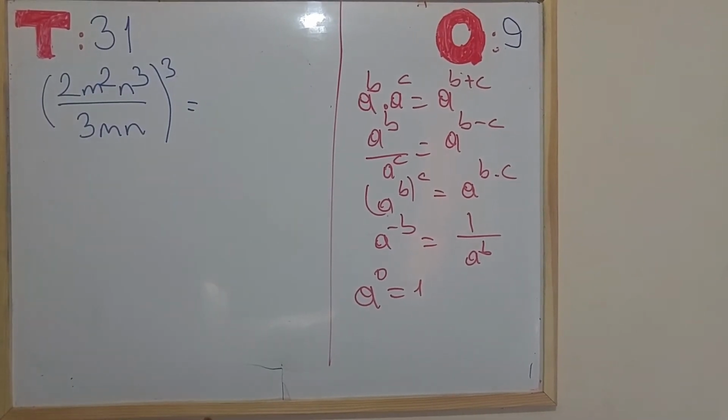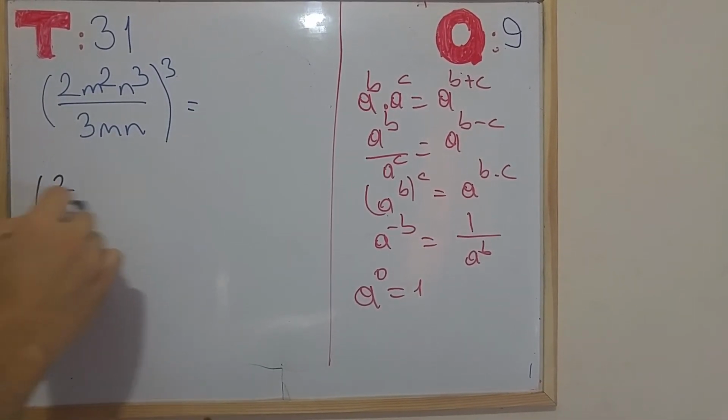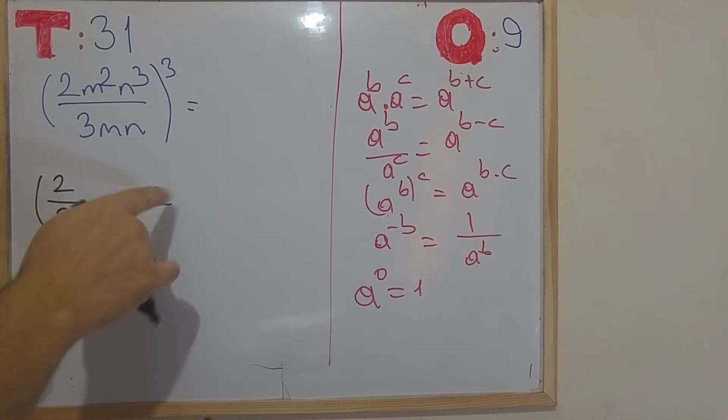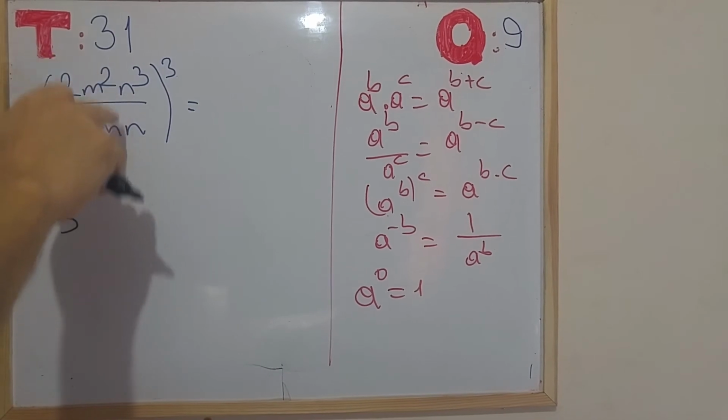Let's simplify within the parentheses first. What we have here is 2 over 3. M to the 2 minus 1.